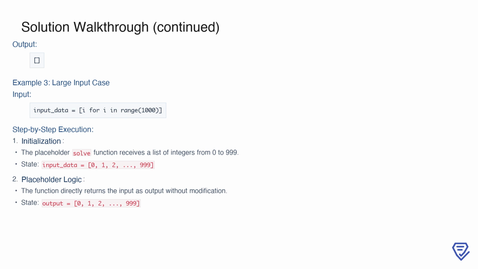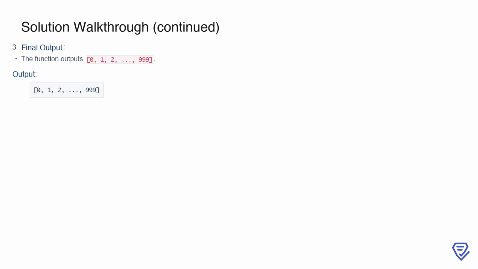As a result, the state of the output is identical to the input, represented as output equals 0, 1, 2, up to 999. Finally, the function outputs the complete list of integers from 0 to 999. This demonstrates that the placeholder logic consistently returns the input data as is, regardless of whether the input is small, empty, or large in size.